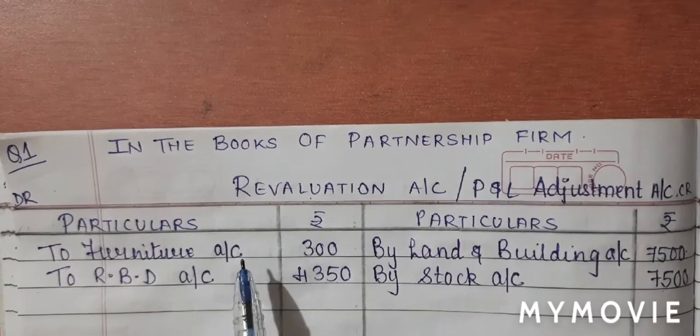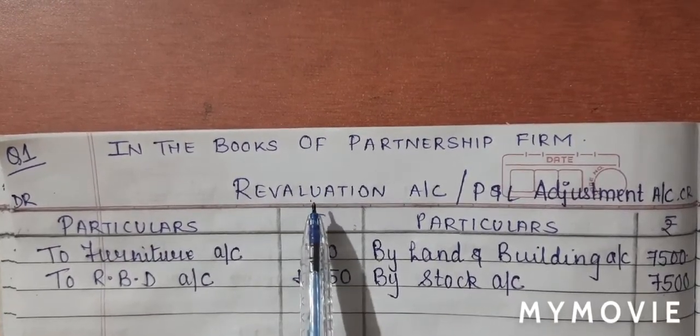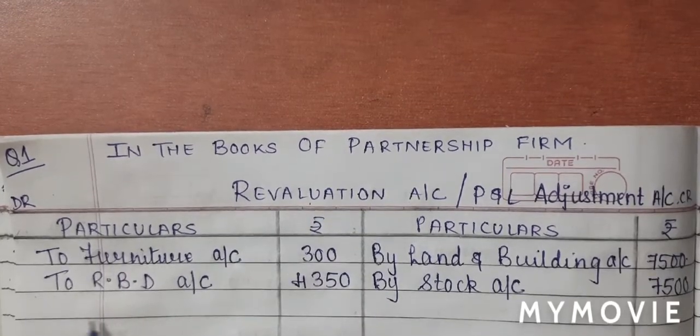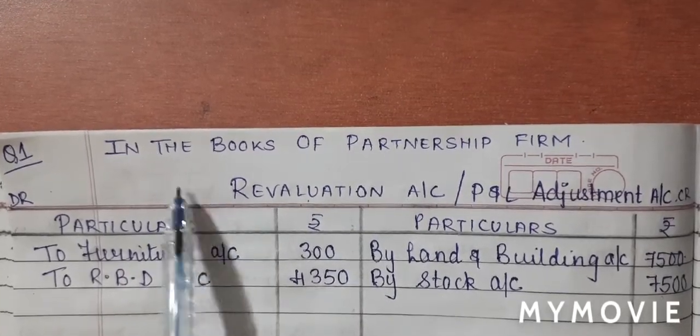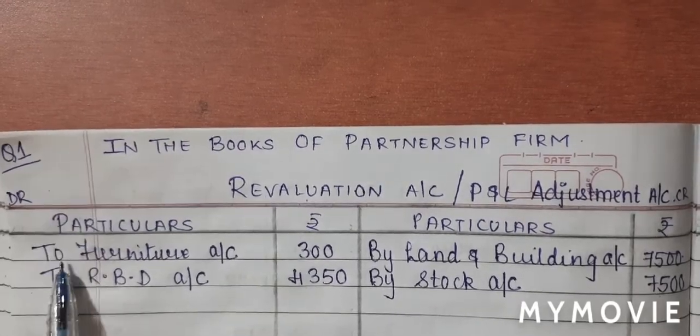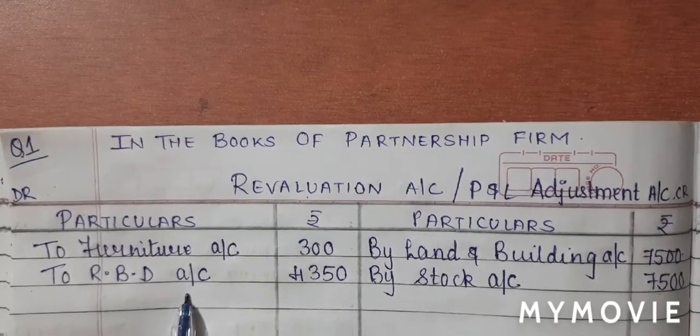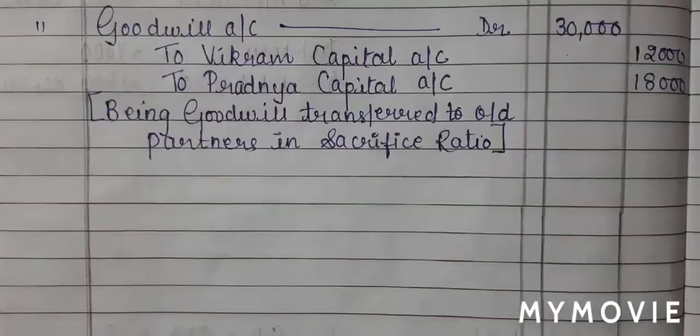So students, we will now pass the journal entry for revaluation account. We can pass a combined entry. We will first pass the entry for the debit side. So my entry will be revaluation account debit to furniture account and to RBD account. Let's put this in the journal entry.